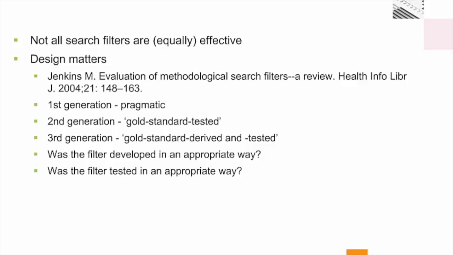Second generation filters were seen as those where the performance of the search filters was tested on a gold standard set of known relevant records. And then Michelle suggests that the third generation would be those that were developed from a gold standard set of relevant records and then tested on either the same but ideally a different gold standard.